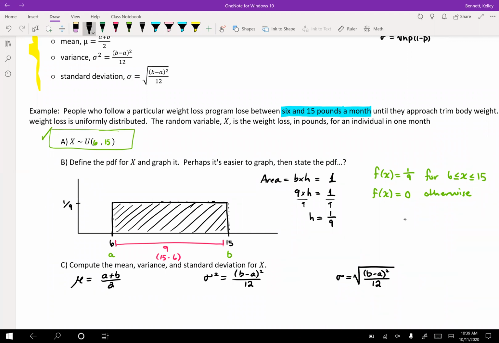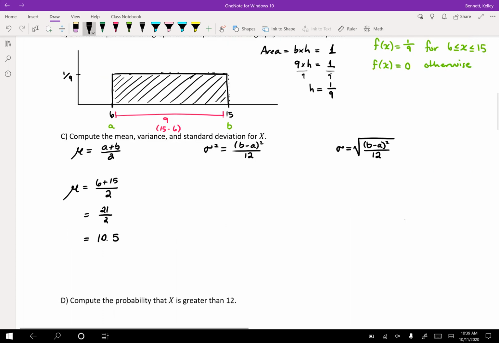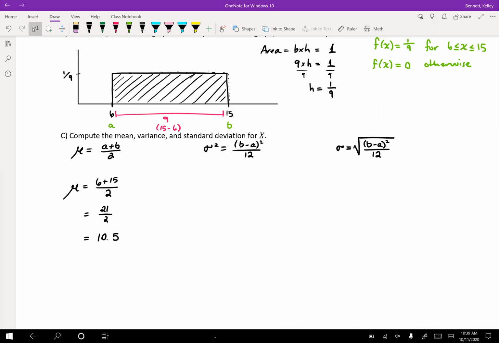All right, so let's compute it. We know that a is 6 and b is 15. So for mu, I get 6 plus 15 over 2. That gives me 21 over 2, so that's going to give me 10.5. So notice that 10.5 is right in the middle. Maybe we could look at this a second time.